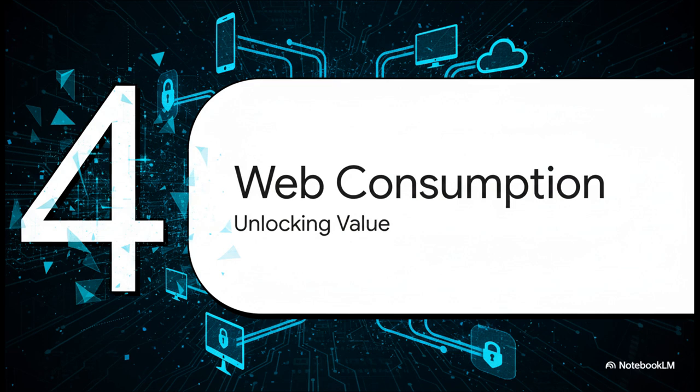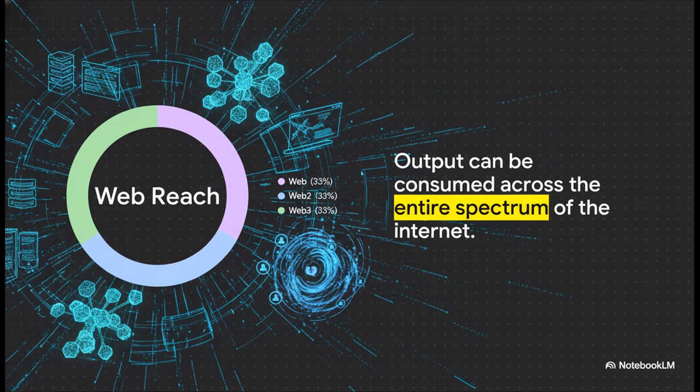This is where we unlock the actual value from all this. And this is where the flexibility of this whole protocol really shines. The output, the result, it's not locked into just one system. As you can see from this chart, it can be used across the entire internet, from the old-school read-only web to the social read-write platforms of Web 2, and even into the decentralized read-write-own world of Web 3.